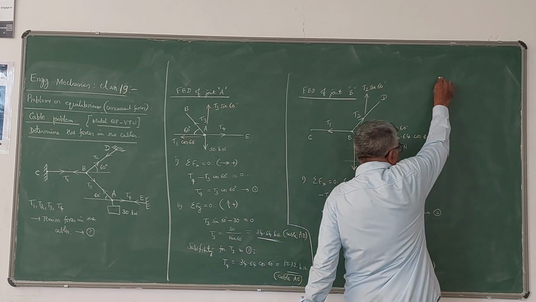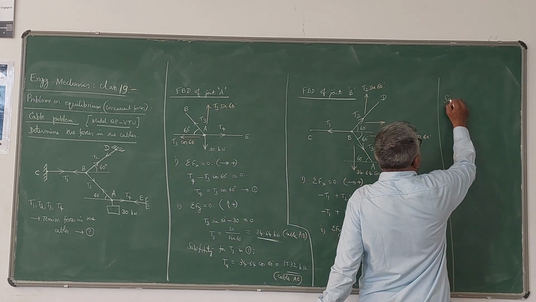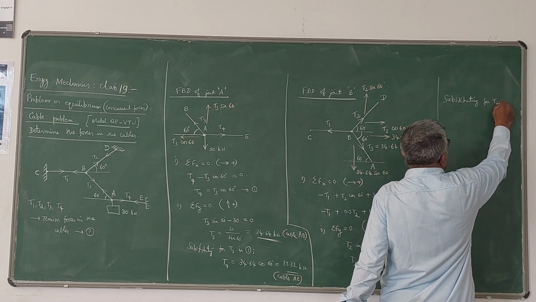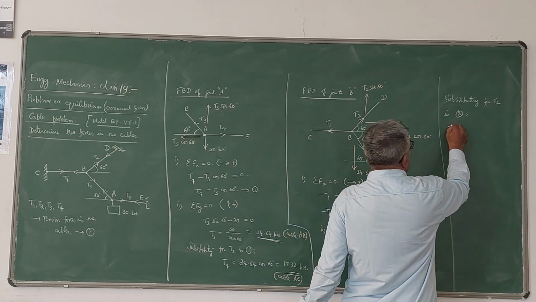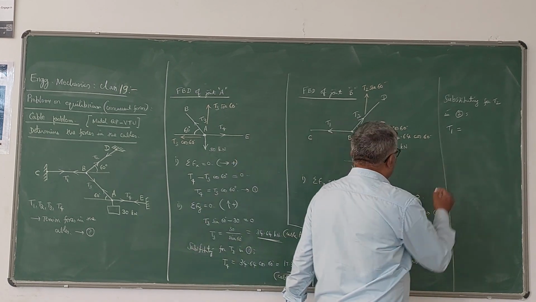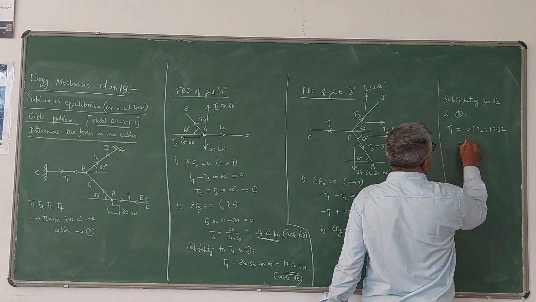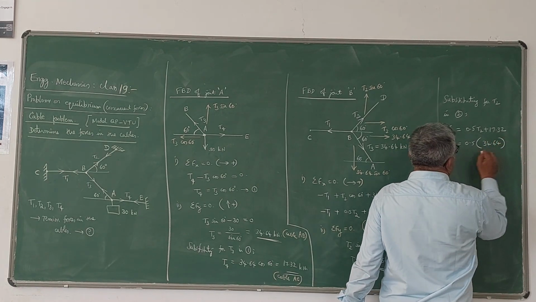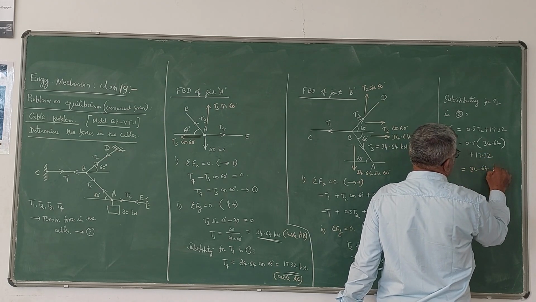Substituting this value of T2 in equation 2, you will get T1. Bringing T1 to the RHS, T1 is 0.5 times T2 plus 17.32, which is 0.5 into 34.64 plus 17.32, which is 34.64 kilonewton.